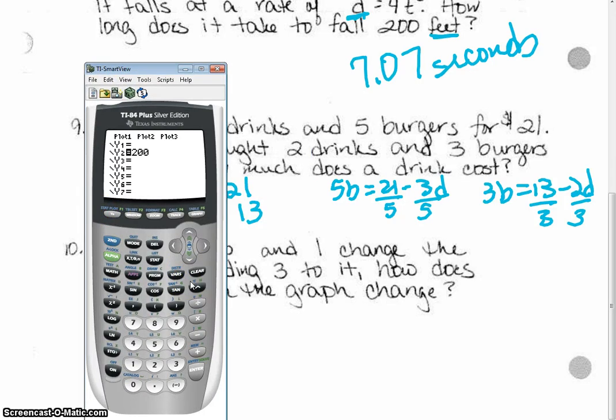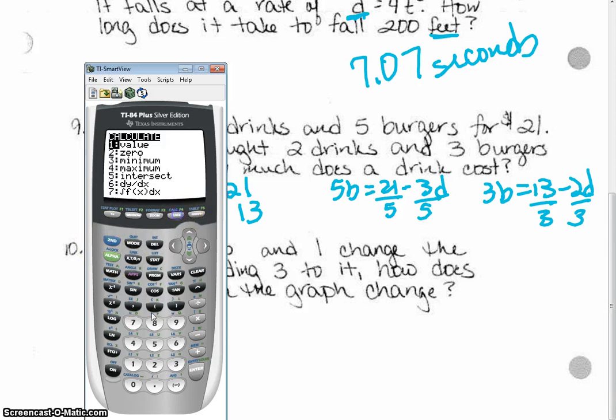First one is going to be 21 divided by 5 minus 3x divided by 5. And then the next one is going to be 13 divided by 3 minus 2x divided by 3.